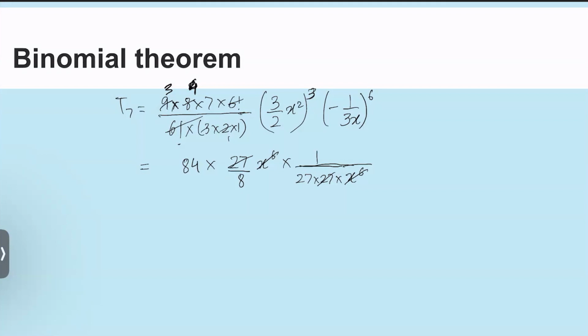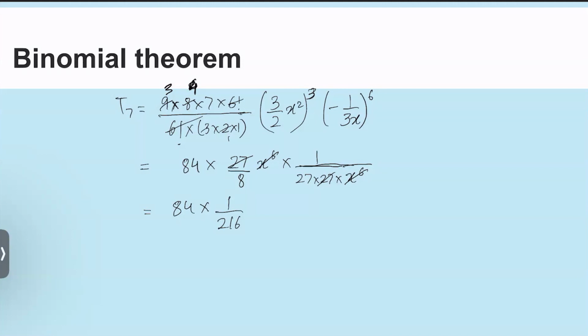So what you get is 84 multiplied by, this will be 8 into 27 is 1 by 216. So 84 divided by 216.